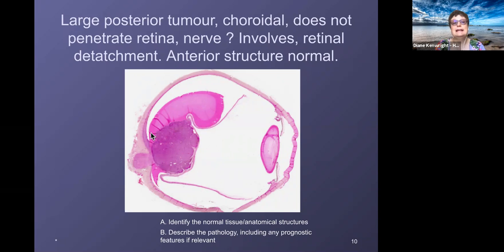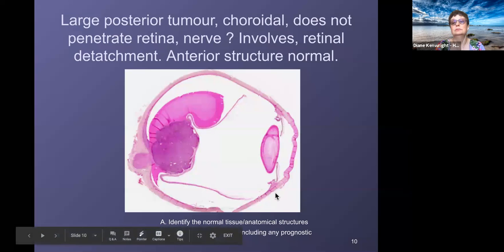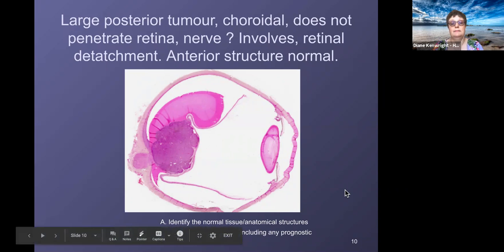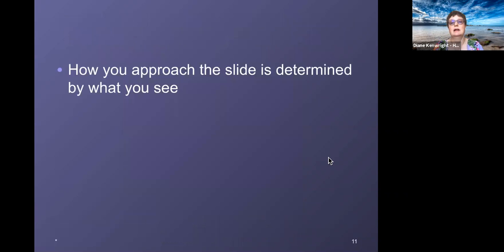Grossly, we can't see any penetration of the sclera, and the remainder of the eye looks normal. So even before we've started looking at those cells, we've got a good idea that this melanoma will be confined to here. But it's important to say all that at low power before you go on to high power.